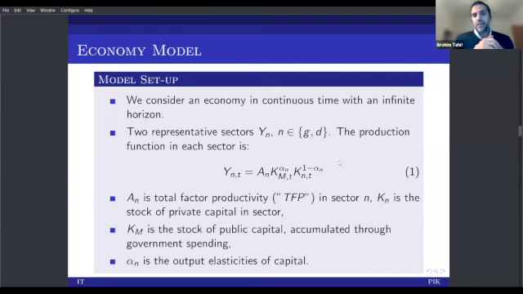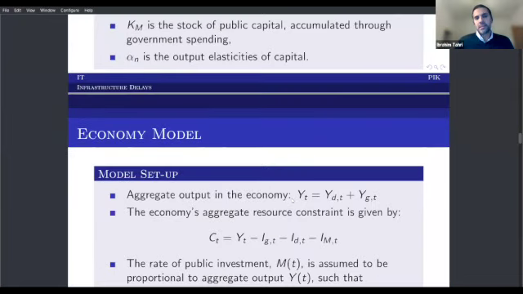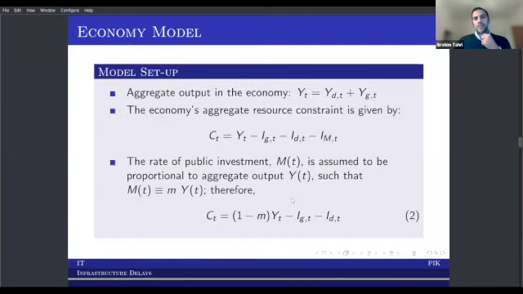K_n here is the private capital, and K_m is the stock of public capital, which is accumulated through government spending. And of course, alpha here is the output elasticities of capital. The aggregate output in the economy is the output of the dirty plus the output of the green sector.